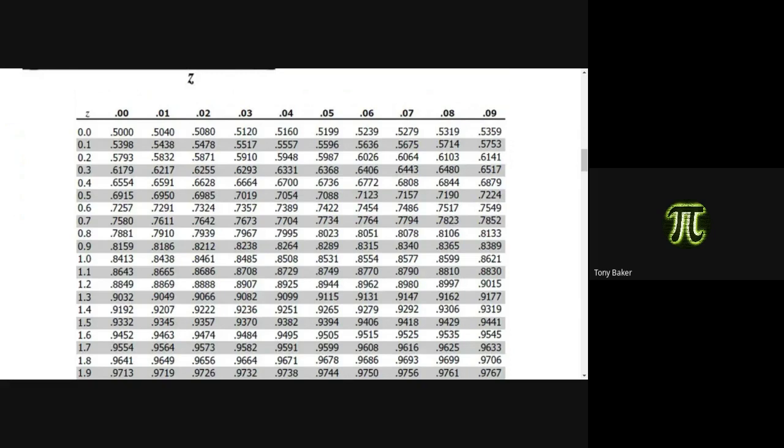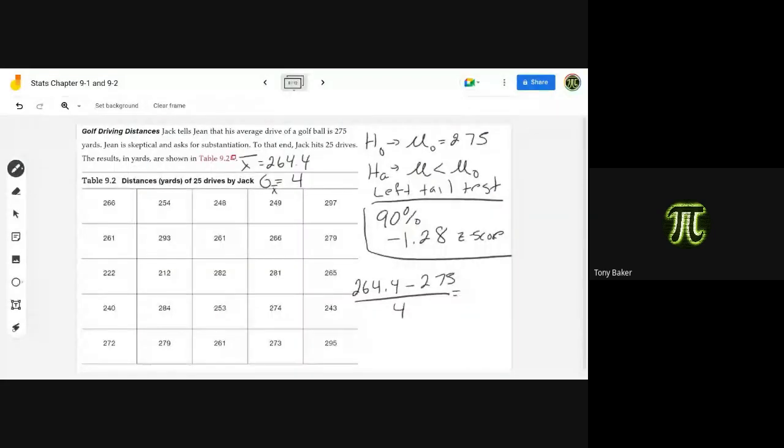That's going to give me my z-score, correct? Oh, and I'm not back on the screen yet. There we go. So if we do that calculation, I get negative 2.65.